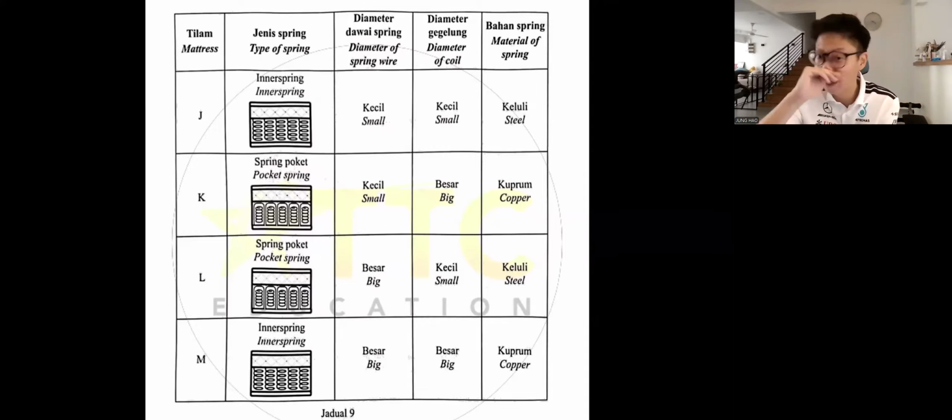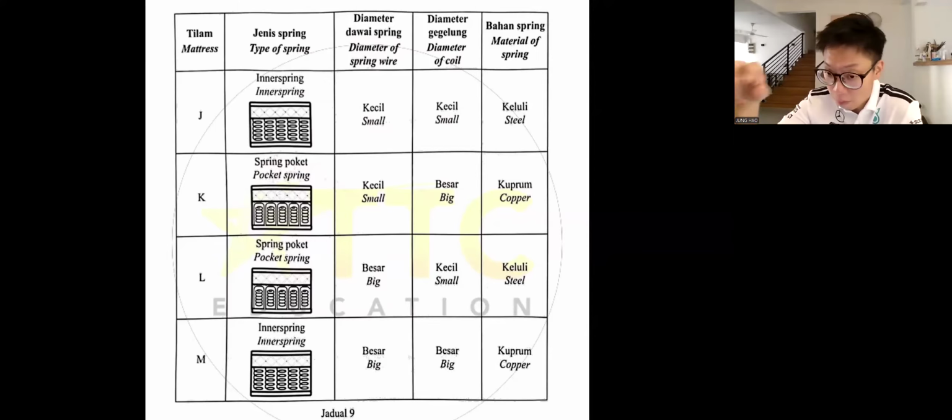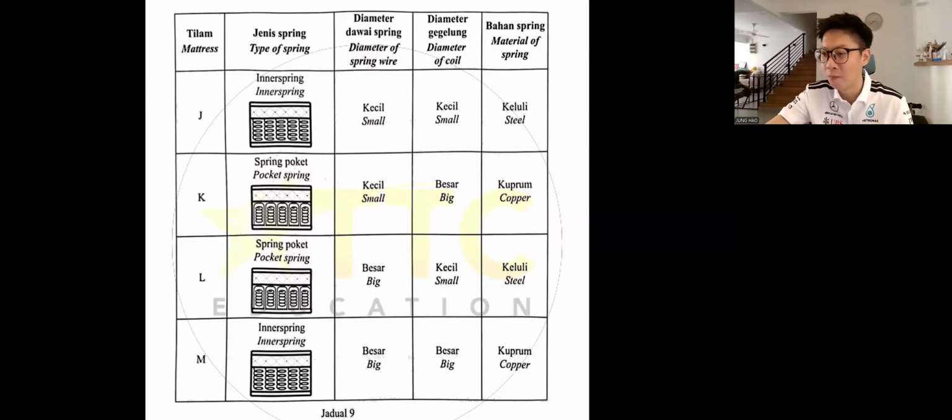Okay. Hey, I tell you all, you all know mattress, like some of the mattress, tilam, in Malaysia is a very weird industry. Do you know how much a tilam is? If you buy a very good quality tilam, bro, it's like 10,000 ringgit, in the order of 10 to 15,000 ringgit if you buy a very expensive tilam.